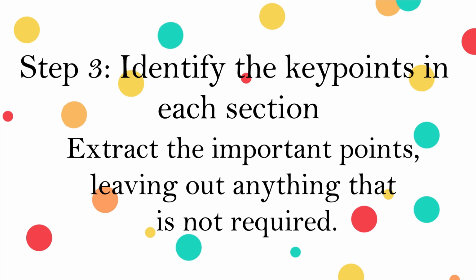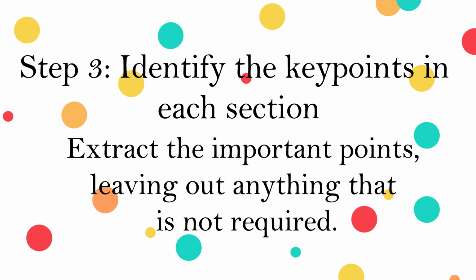Now, students, you have read the text and you have divided it into different sections. Now it's time to go through each section and pick out its key points. Your goal should be to extract the essential points, leaving out anything that can be considered background information or supplementary details.